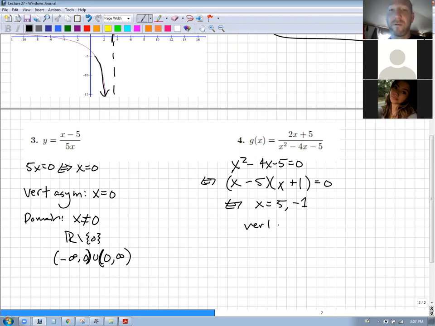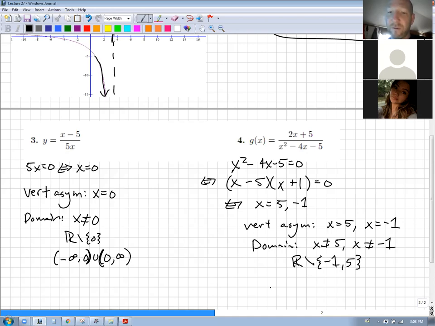So the vertical asymptote is at x equals 5 or x equals minus 1. Domain: x can't be 5, x can't be negative 1, or all real numbers except for negative 1 and 5, or negative infinity to minus 1 union minus 1 to 5 union 5 to infinity.